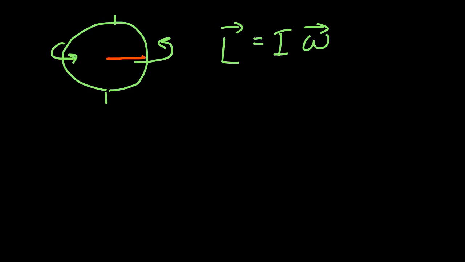The radius of a bowling ball is about 12 centimeters. For mass, we'll use 7 kilograms. And let's give it a spin of 4 revolutions per second.